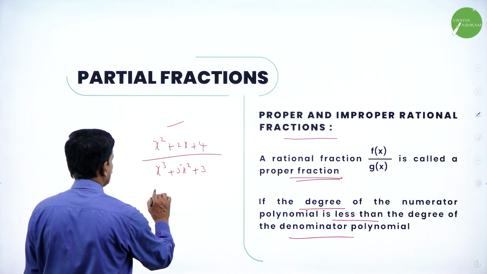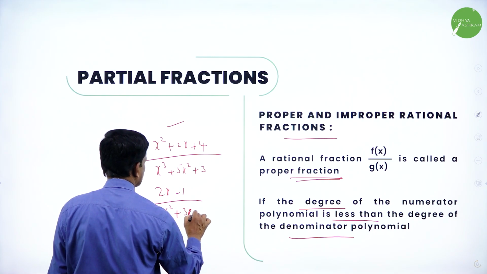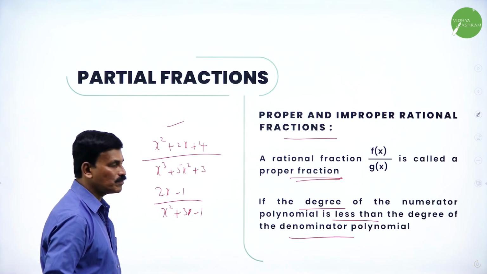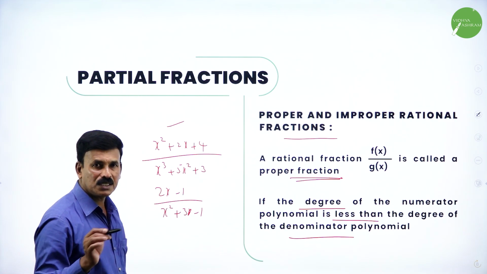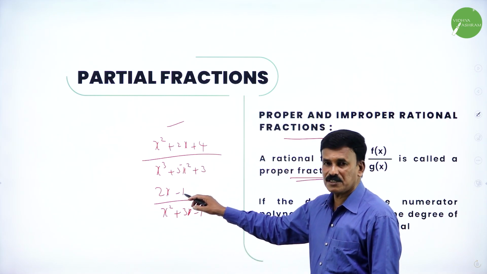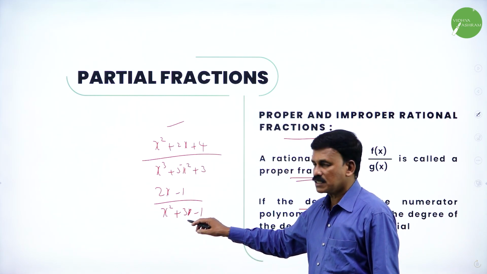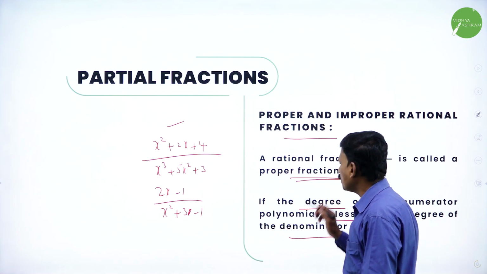Similarly, one more example: (2x - 1) divided by (x² + 3x - 1). The degree of x in the numerator is 1 and in the denominator is 2. Therefore, this is also an example of a proper fraction.